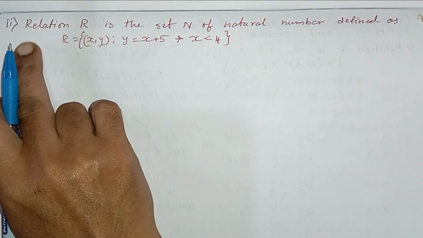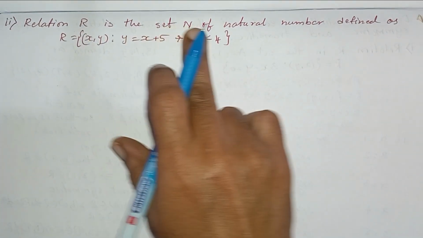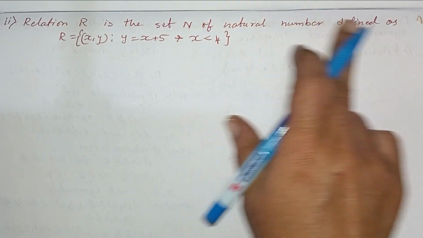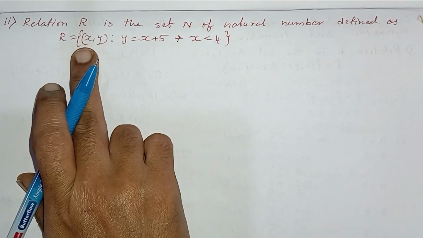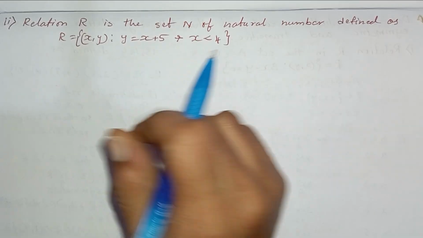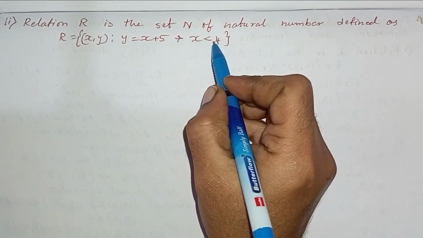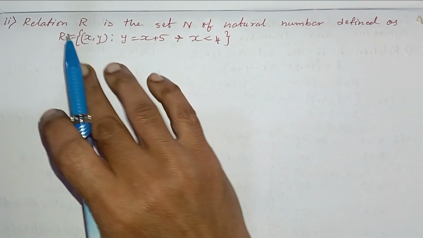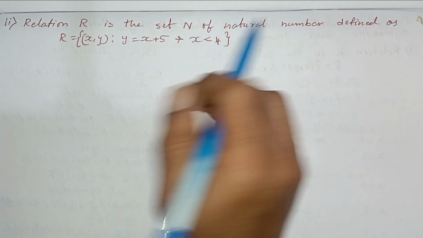The second one: the relation R on the set N of natural numbers is defined as R = {(x, y) such that y = x + 5 and x < 4}.